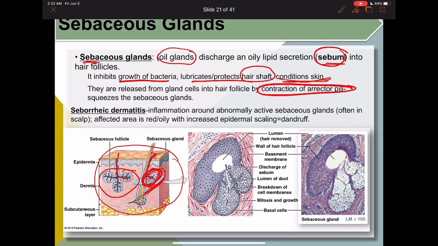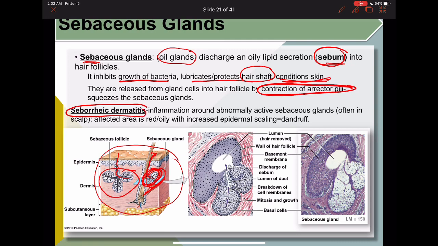Now, going too far the other way: we can't have no sebum, but we can't have too much either. Homeostasis. When there's too much oil release, that is not a good thing. This can happen when someone has what's called seborrheic dermatitis.